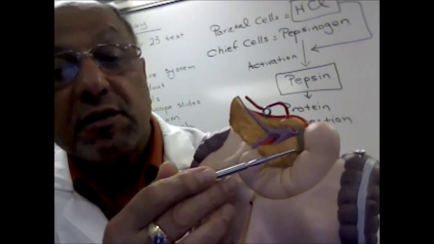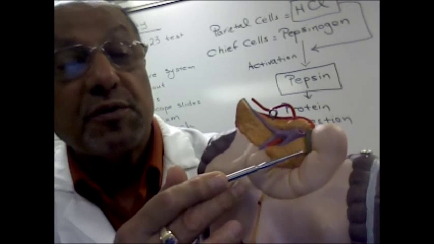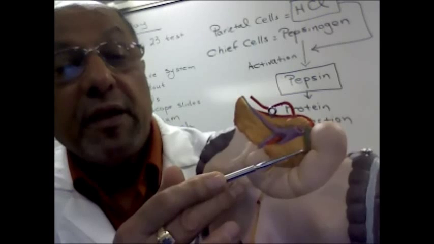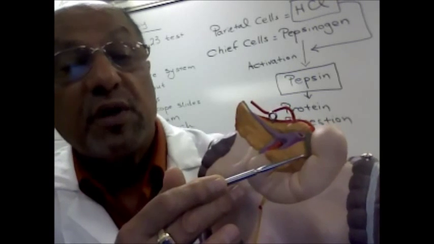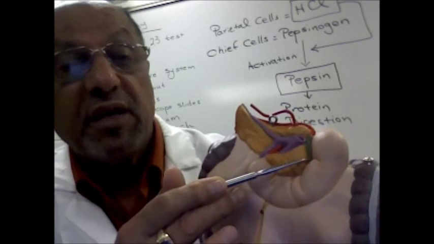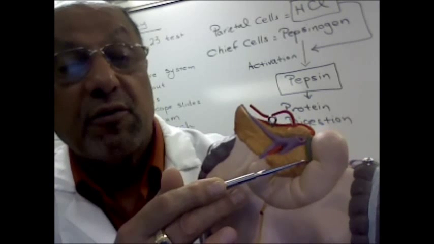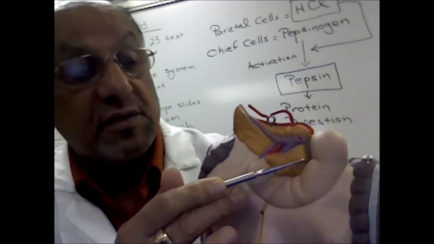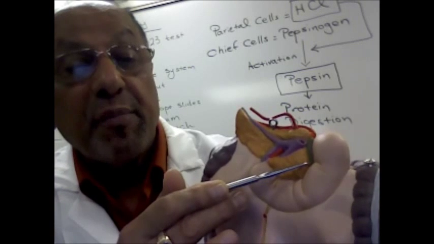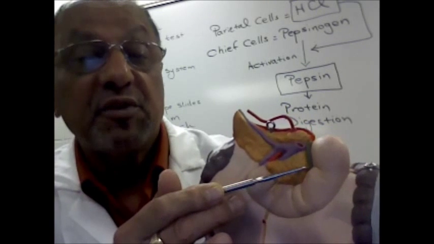The bile contains bile salts, and the bile salts are important in the digestion of lipid. They are responsible for what is known as emulsification. Emulsification basically means that the lipid droplets will be broken down into smaller droplets, and that will make it easy for the enzyme lipase that comes from the pancreas to digest the lipid materials.